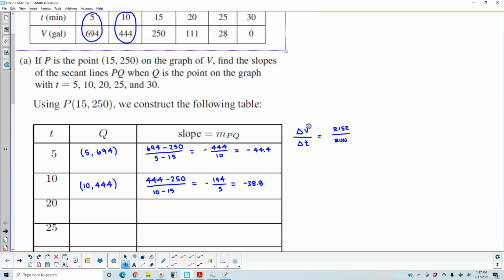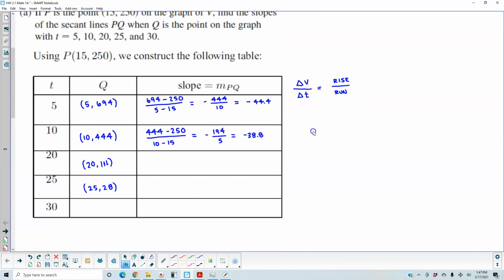Okay, our next point that we're going to use is then (20, 111). And then the next one's going to be (25, 28), and the last one's going to be (30, 0).